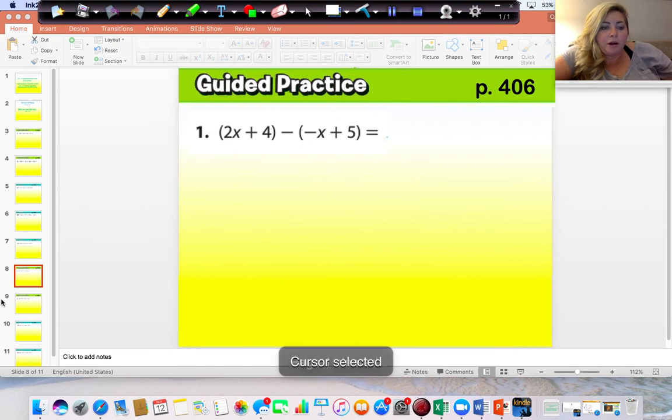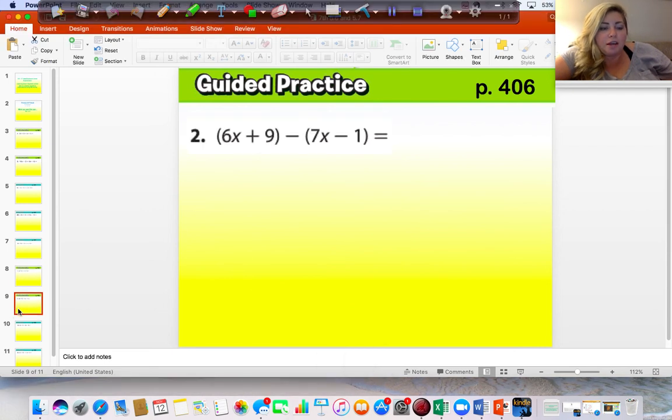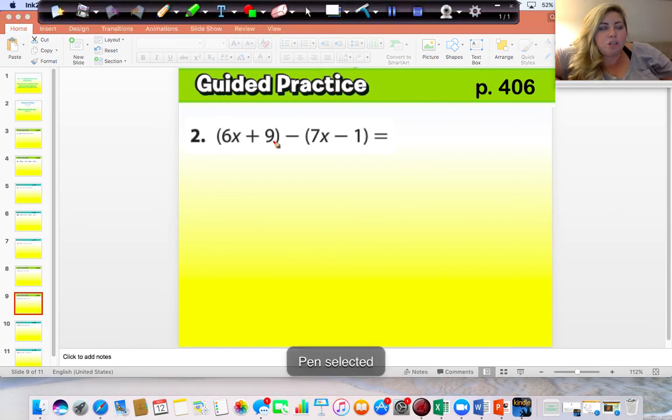So the hardest part, in my opinion, is changing the sign of the second numbers. But aside from that, once you draw things out, it becomes pretty easy. Change the subtraction sign to addition, and then change the sign of your second numbers. So this positive 7x becomes a negative, and this negative 1 becomes a positive.